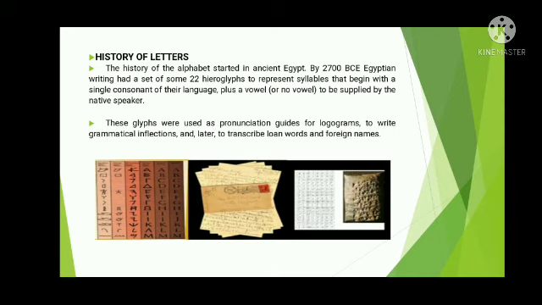These glyphs were used as pronunciation guides for logograms, or signs or characters representing a word or phrase, to write grammatical inflections and later to transcribe loan words and foreign names.